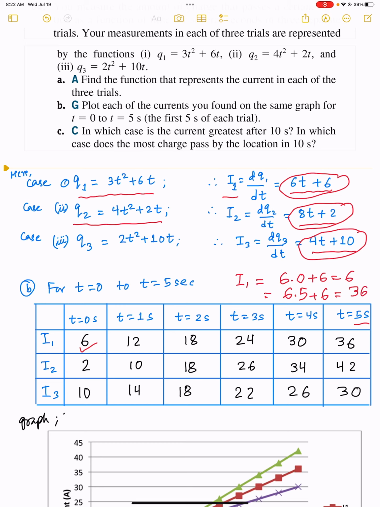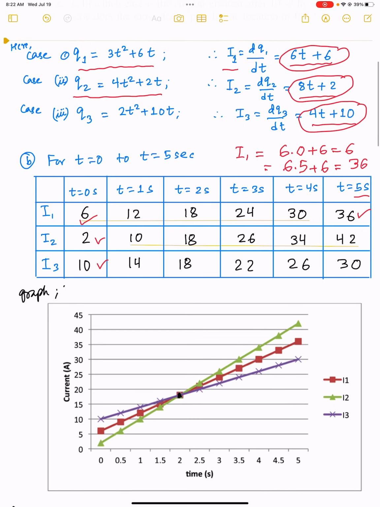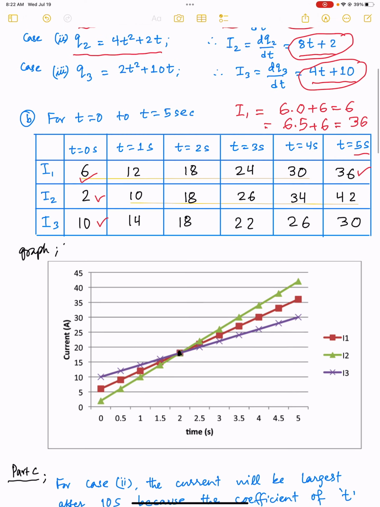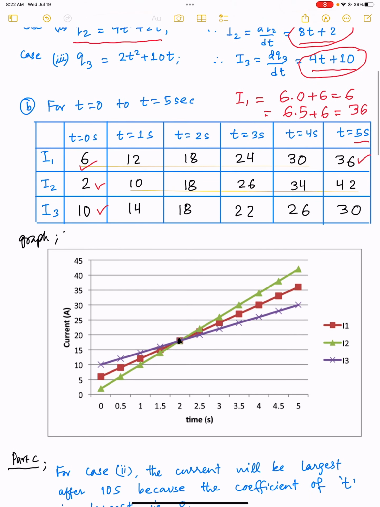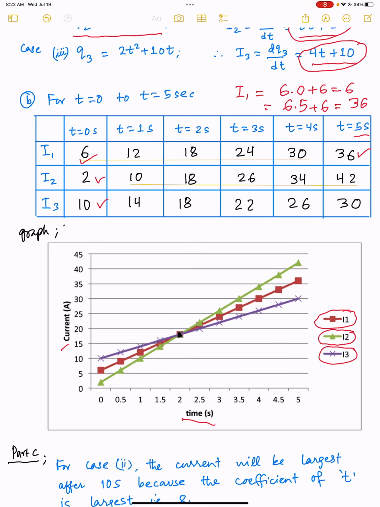Similarly, you can do the same for I2 and I3, and you will be able to plot the graph of current in amperes versus time in seconds. It's a very simple graph. For I1, you can make it a red line, and use different colors for I2 and I3, to distinguish the graphs from one another.